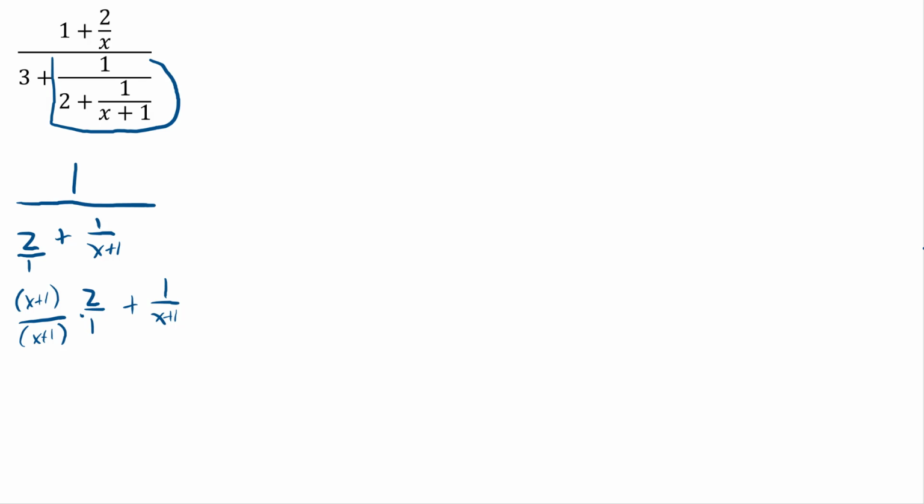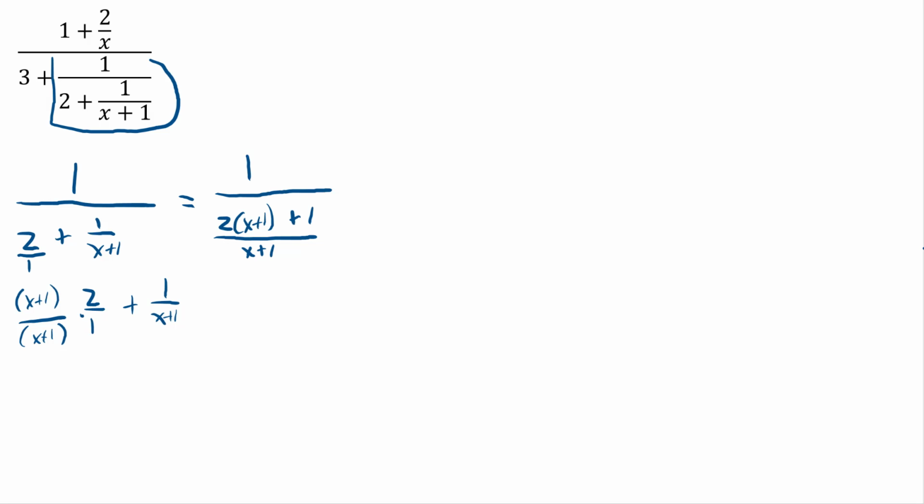So this will give us 1 all over 2 times x plus 1 plus 1 for our numerators, and all of that is going to be over x plus 1.